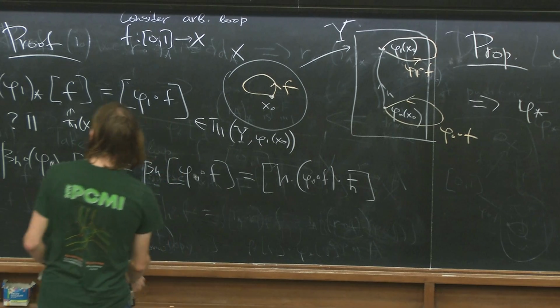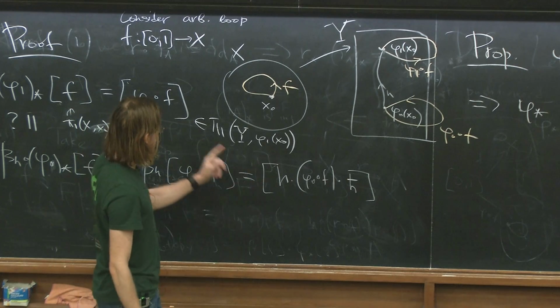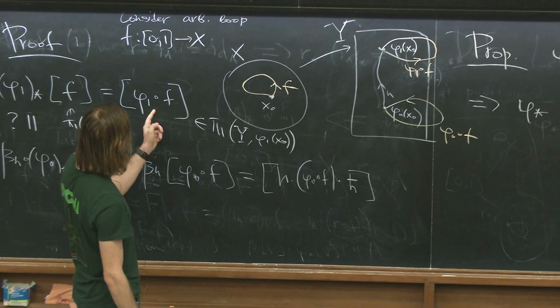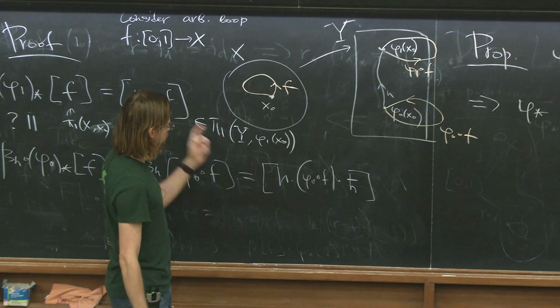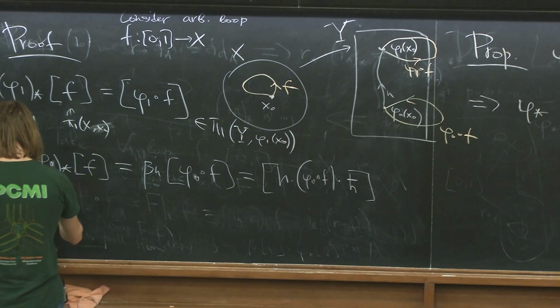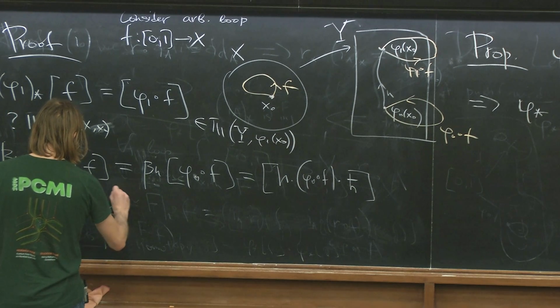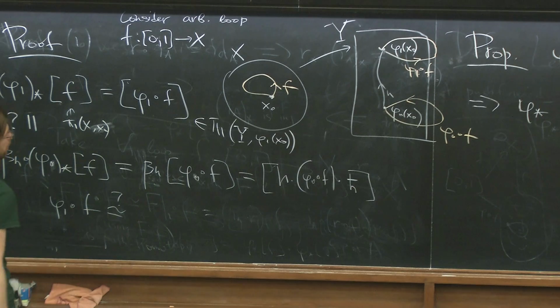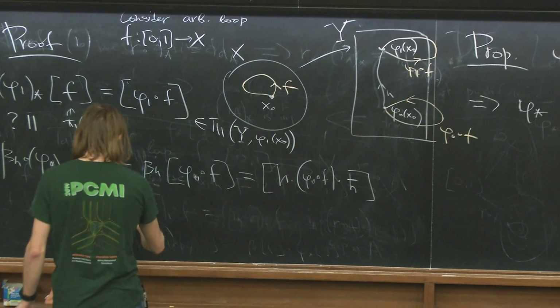Okay, so what we want to show is equality of these things. It's sufficient to show that they're path homotopic. So we want to show that this path here is homotopic to this composition.